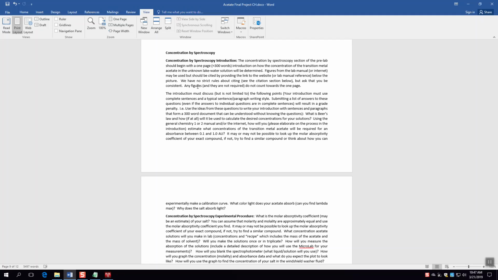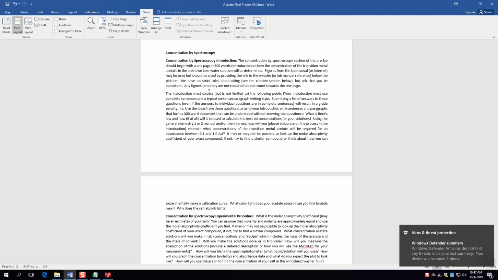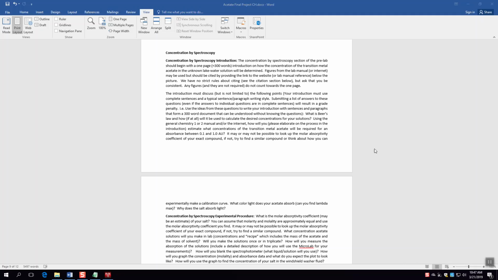An introduction is something kind of new to you as far as a lab report goes. The purpose of an introduction is to give a brief background on the topic that you're going to be discussing to your audience. You're going to be assuming that our audience doesn't have a great background on the spectroscopy, so you're going to give them a brief background.